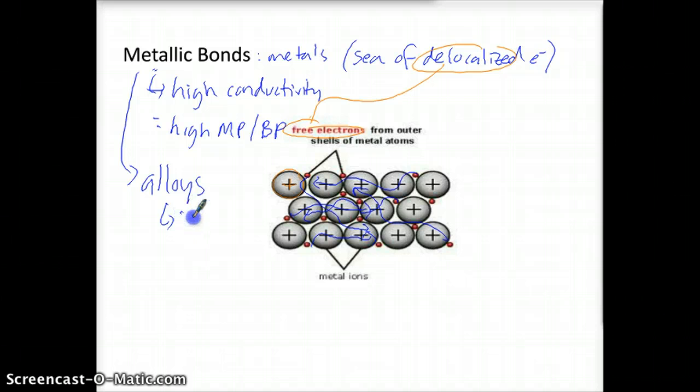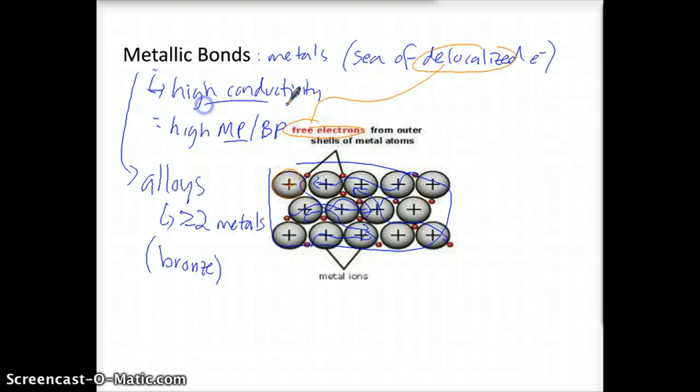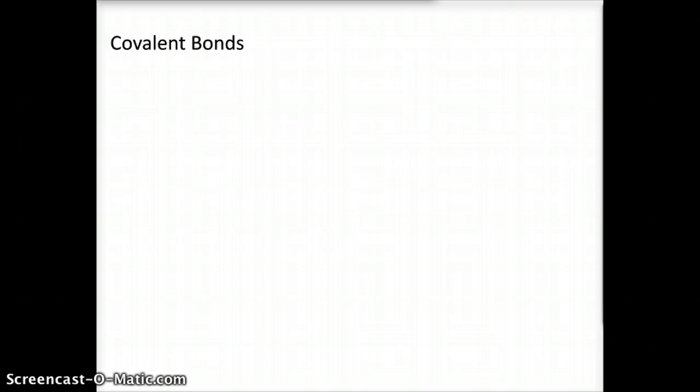Alloys are two or more metals, or two elements, that form a metal. So examples of alloys that we're familiar with are bronze and brass, and these are mixtures of different elements that can make metallic bonds stronger, can make them have higher melting points, higher conductivities, and whatnot. And that's a common thing that's practiced in industry.